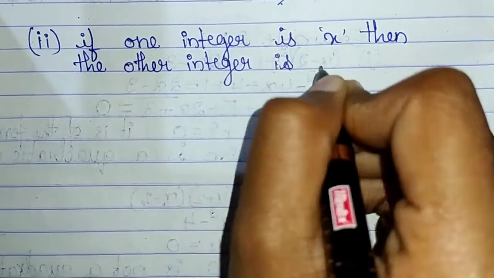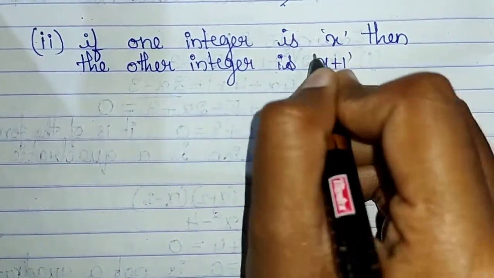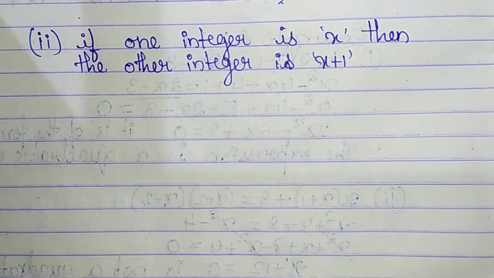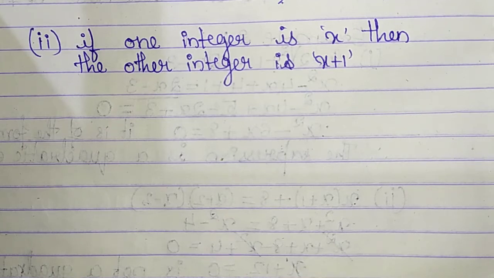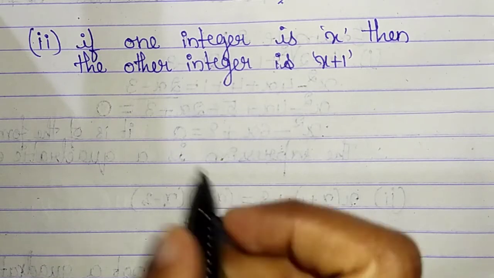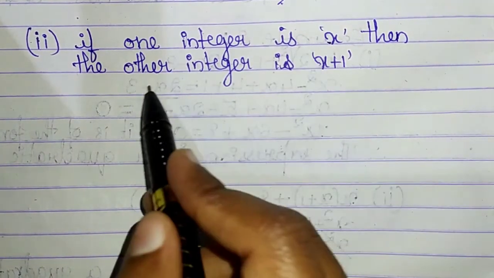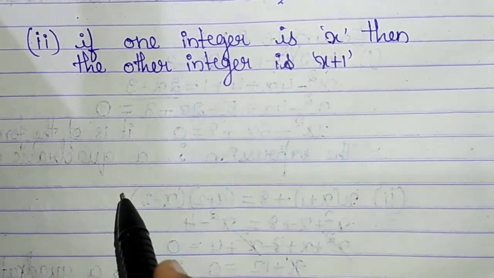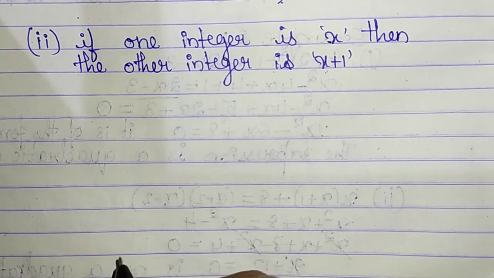is x + 1. I said consecutive numbers are neighboring numbers like 2, 3. If one number is 2, then the consecutive number is 3, the next consecutive number. And if one number is 6, then the next consecutive number is 7, that is plus 1. So if one integer is x, then the other integer is x + 1. They have told us that the product of these integers is 306.